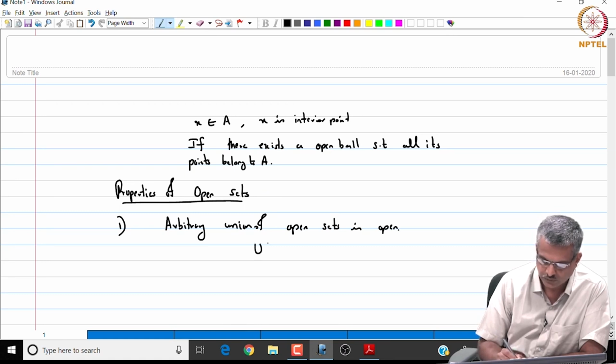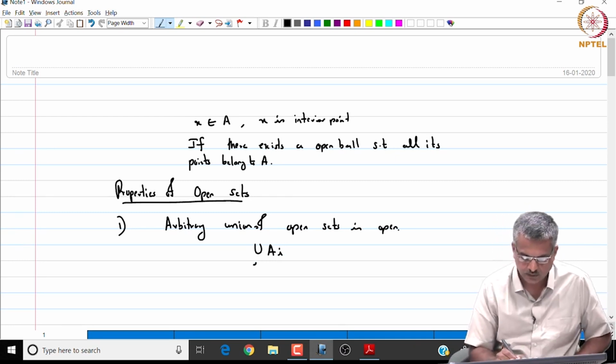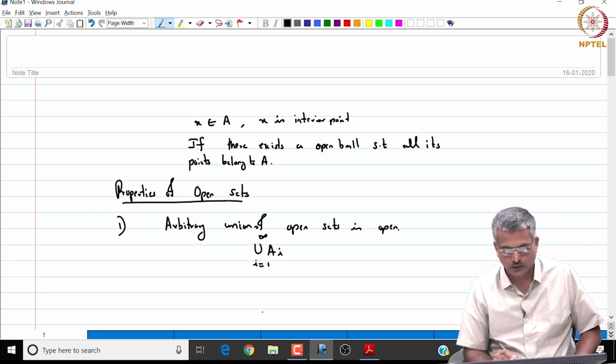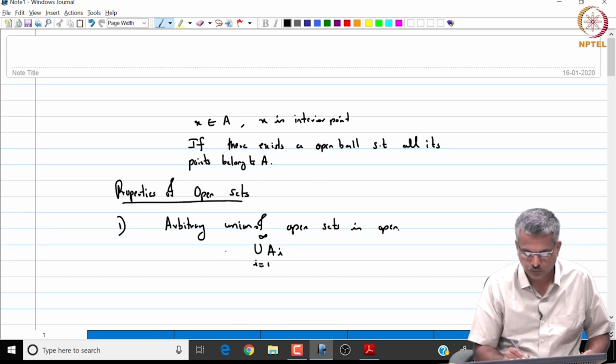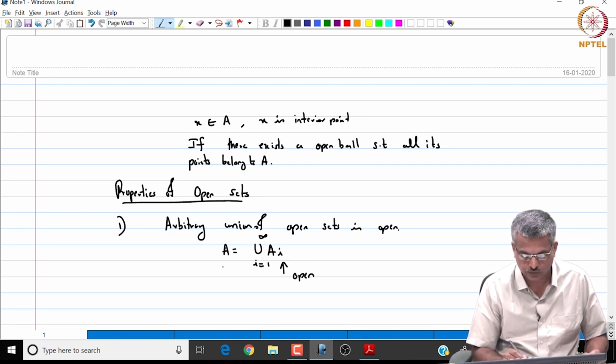That means if you have a collection of open sets where each A_i is open, and you take the arbitrary union of these open sets, then the union is also open.